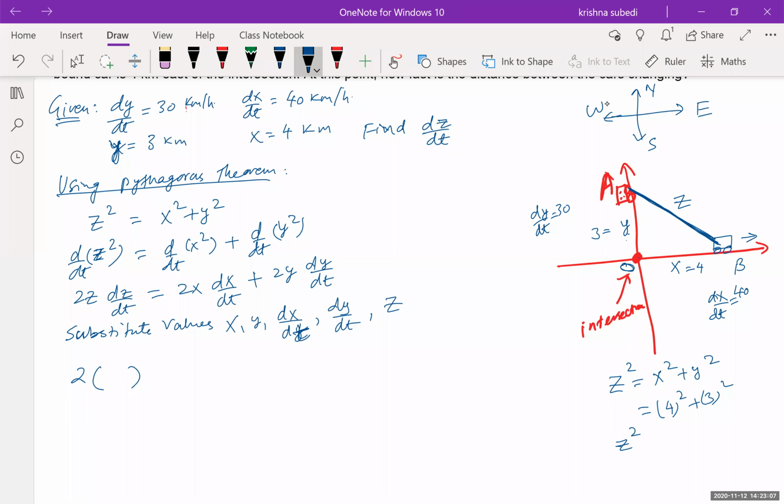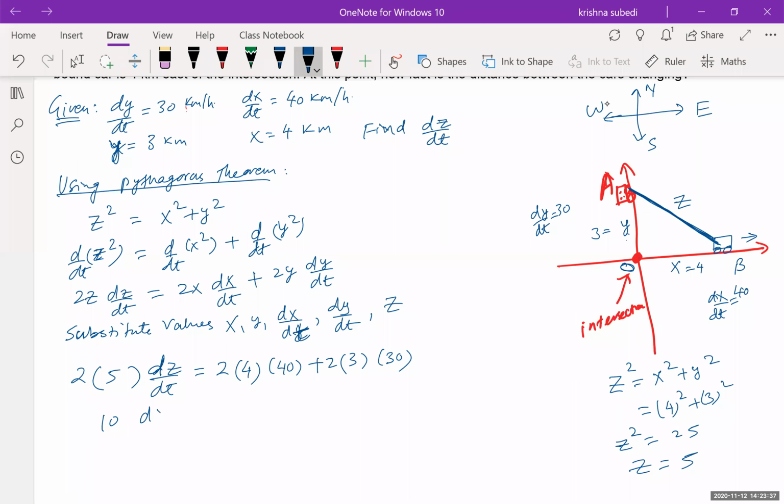So z squared equals 16 plus 9, which is 25. So z equals 5. So 2 times 5 times dz over dt, which we want to find, equals 2 times 4 times dx over dt, which is 40, plus 2 times 3 times dy over dt, which is 30.